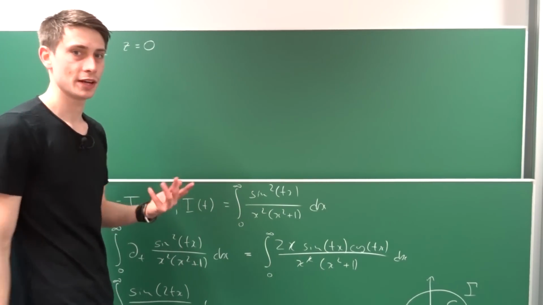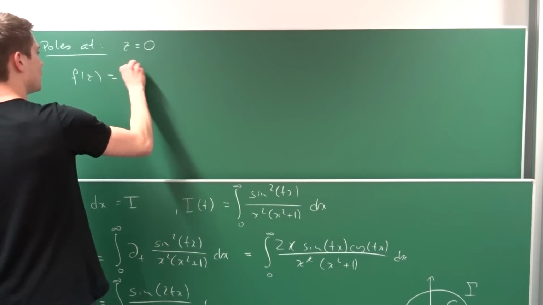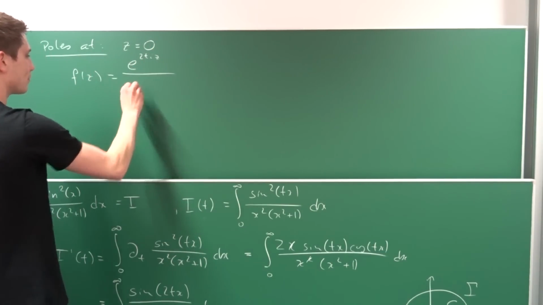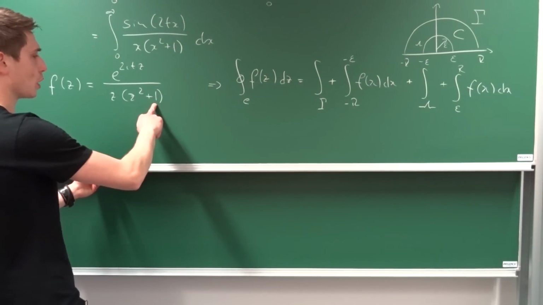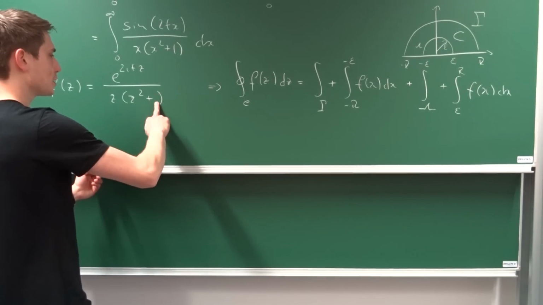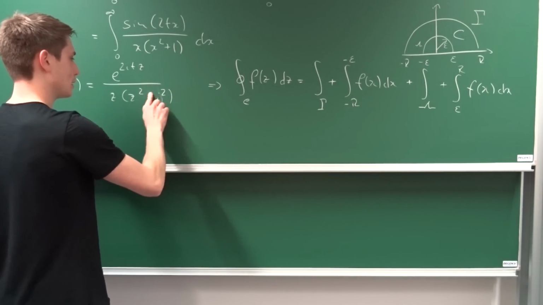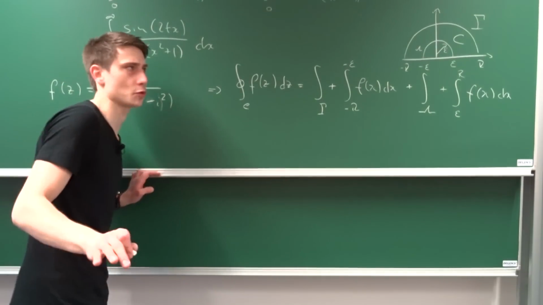But what else do we have? Let's split up our function a little bit. So we have f of z equals e to the 2t times i times z over. Okay, now we have the z. But here's something you might notice. This one, what is this one? Well, this is just a minus i squared. So we can turn this around, and now we have the difference of two squares.